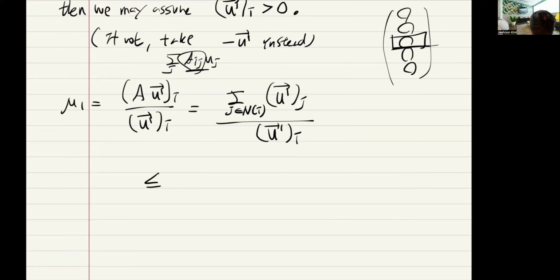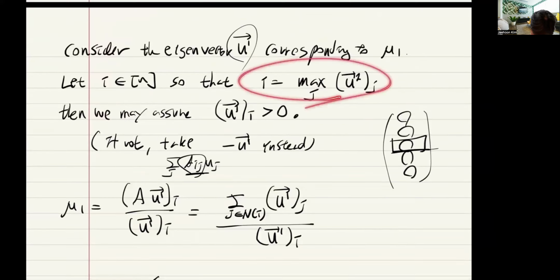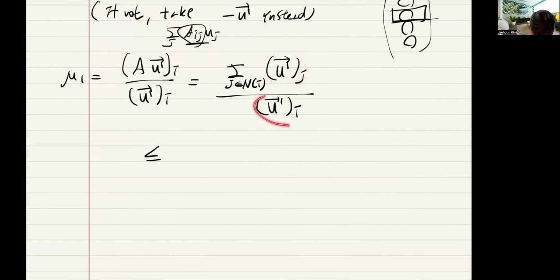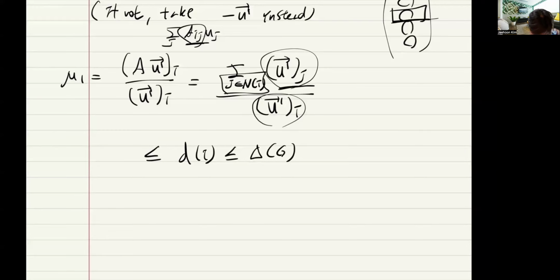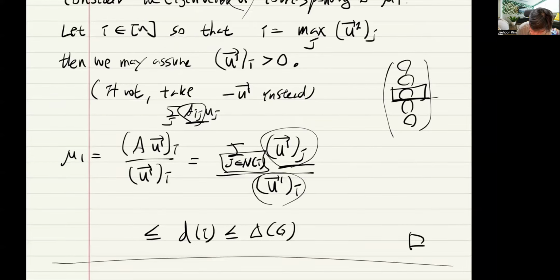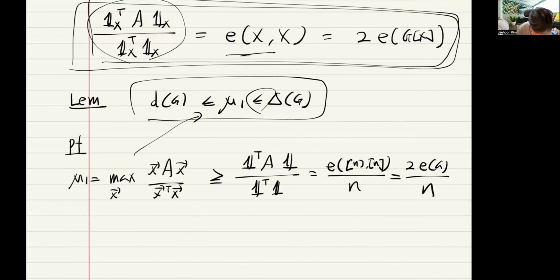Okay, but what do you know? This was the biggest one. Each term here is at most this. So how many times did we add this? The degree of i many times, and each term is smaller than this. So this is smaller than d_i, and then it's at most the maximum degree of G. So this proves the inequality as well.